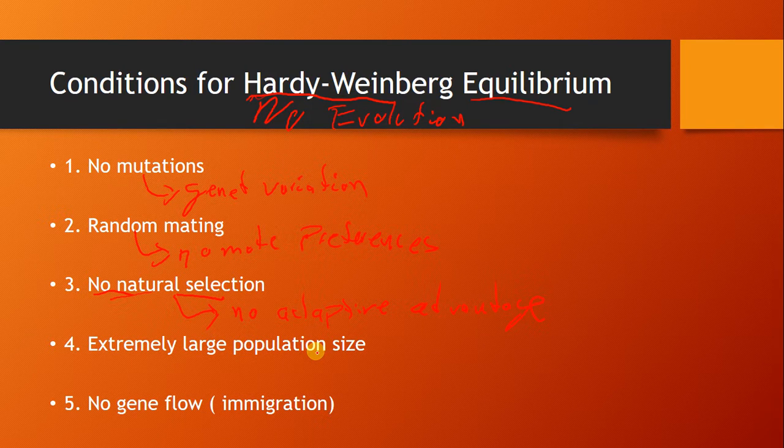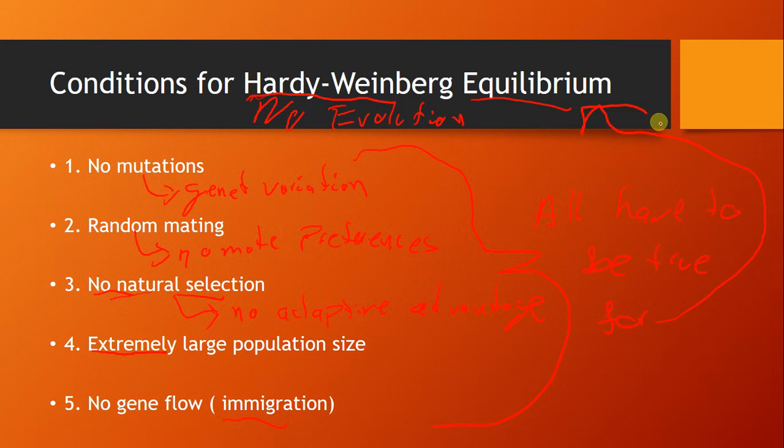In smaller populations, random fluctuations in allele frequency can cause big changes in the overall population makeup. So it has to be a very big population. And 5, no immigration. There can't be any individuals going in and out of the population. If any of these things are not true, the population isn't in Hardy-Weinberg equilibrium. All have to be true.